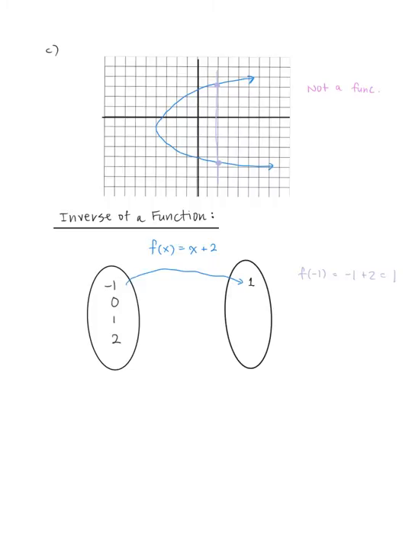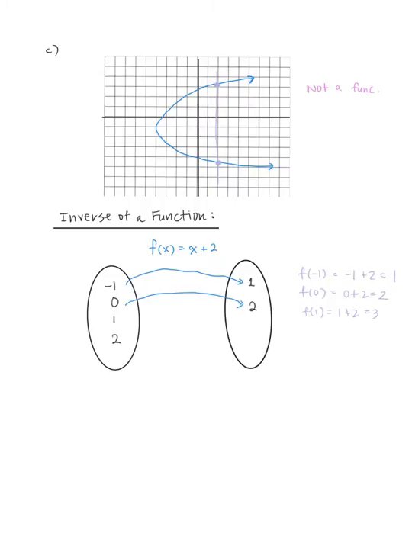Now when x is 0, f of 0 is going to be 0 plus 2, which is just 2. So when x is 0, f of x is going to take the value 2, y equals 2. Now when x equals 1, f of 1 is going to be 1 plus 2, which is 3.